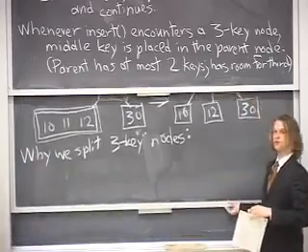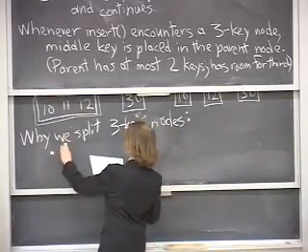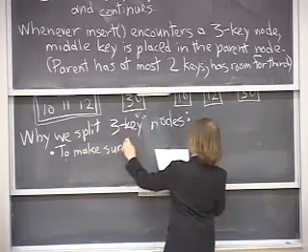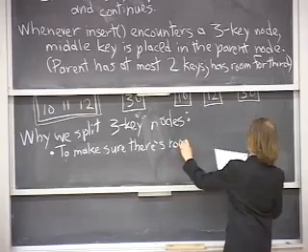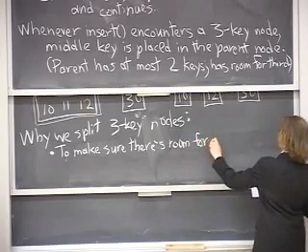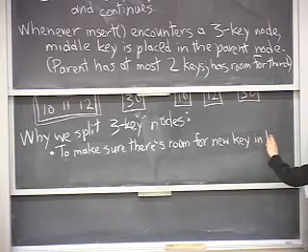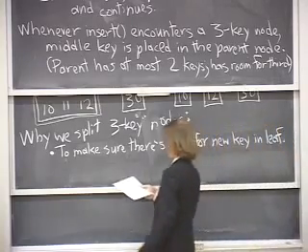There are 2 reasons. In the leaf nodes, it's to make room for new nodes. And in the non-leaf nodes, it's to make sure that there's room for anyone who gets kicked upstairs.